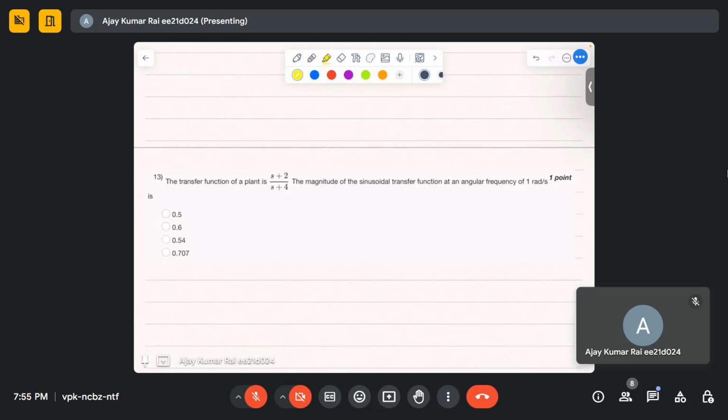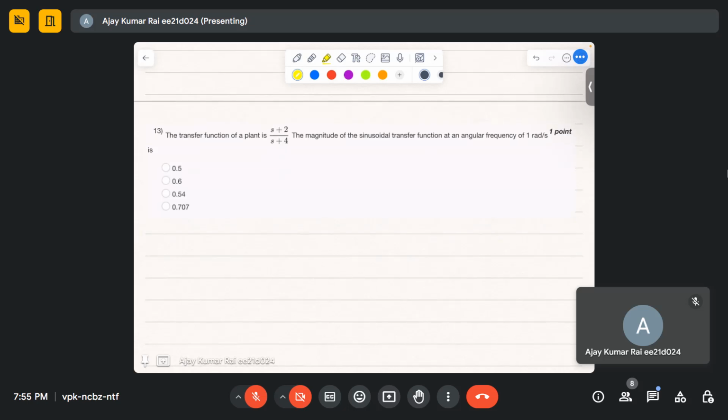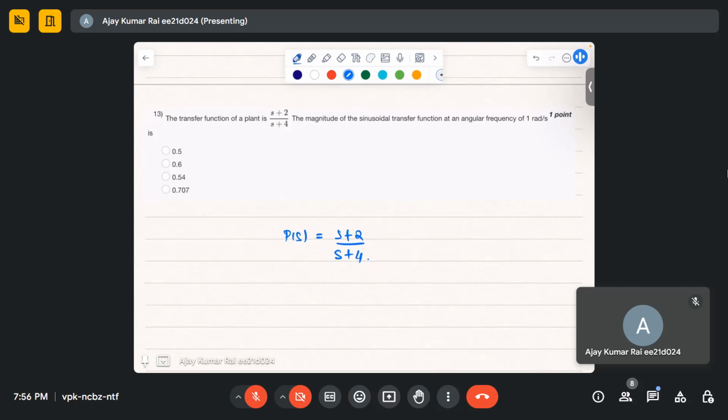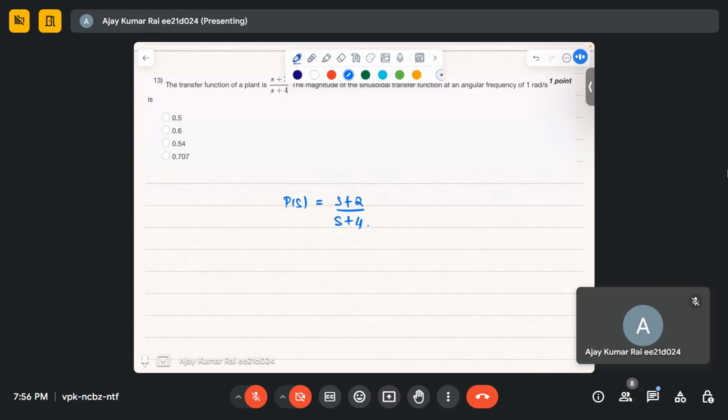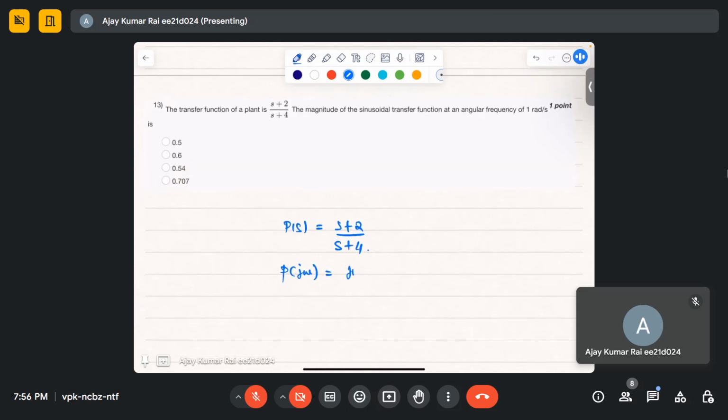And the transfer function of a plant is given, and we need the magnitude of the sinusoidal transfer function at an angular frequency of 1 radian per second. Very simple. Let me say P(s) equals (s plus 2) by (s plus 4), and we have to find the magnitude. What we used to do is just put j omega here: (j omega plus 2) by (j omega plus 4).